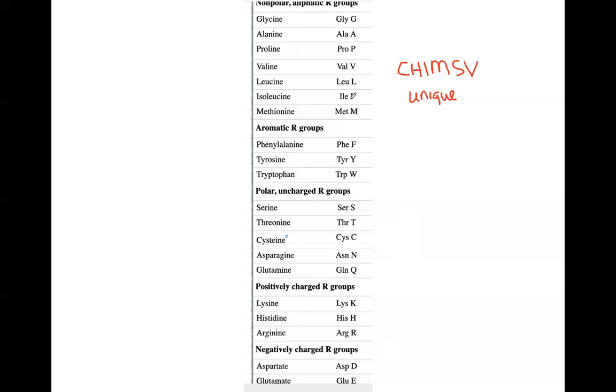Isoleucine, not exactly, so there's some difference here. Tryptophan, not exactly, but this is still correct. Asparagine, not exactly. Glutamine, not exactly. Lysine, histidine, arginine, aspartate, glutamate.